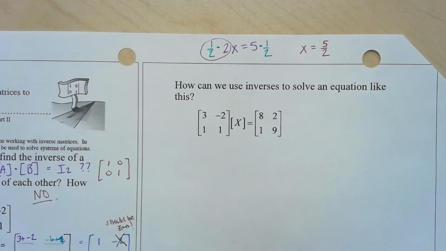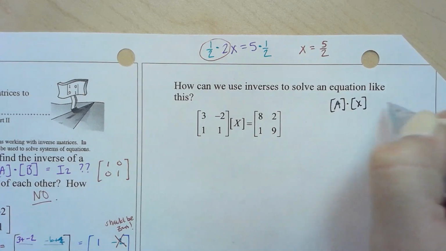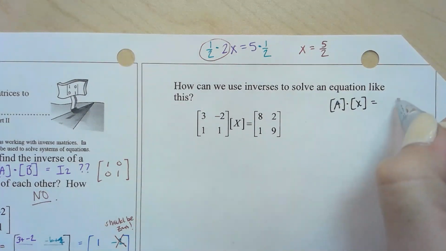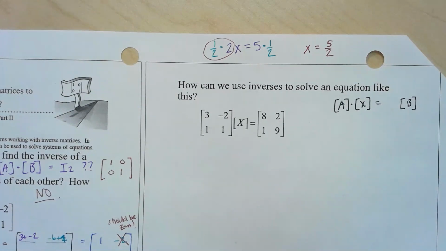So let's write this down. If I have matrix A times matrix X equals matrix B, I left space for a reason.